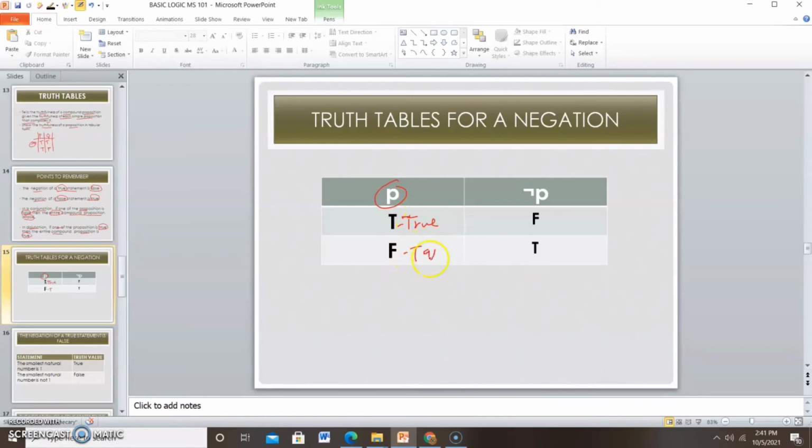In negation, P or not P, sometimes we use symbols. So, P with truth value true, in negation becomes false, the opposite. Same as P given false, the opposite of false is true. That is one example in negation.